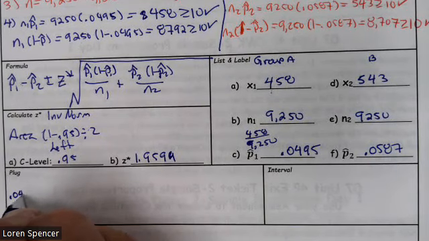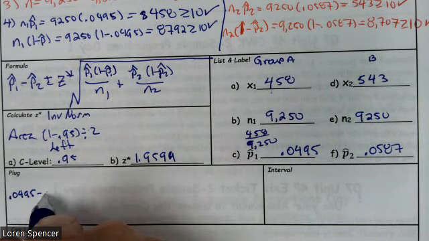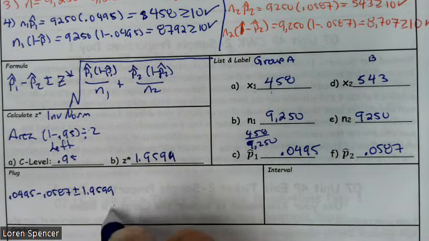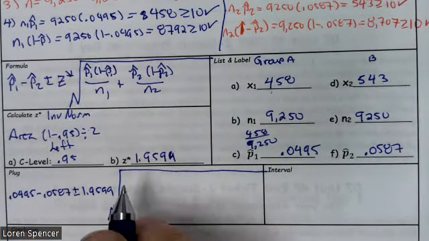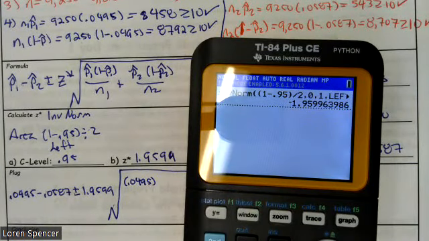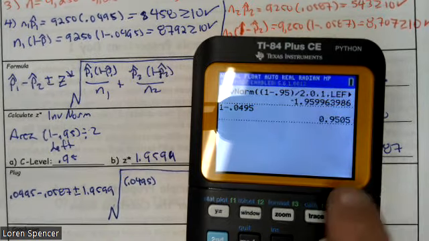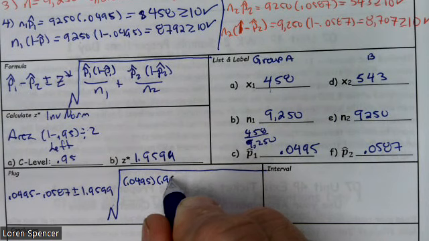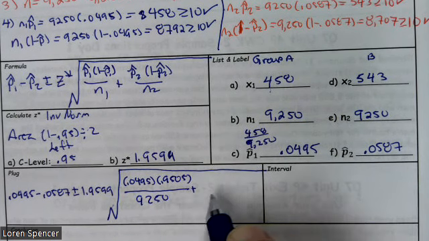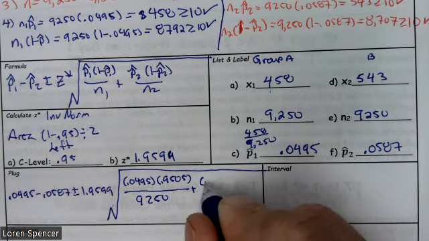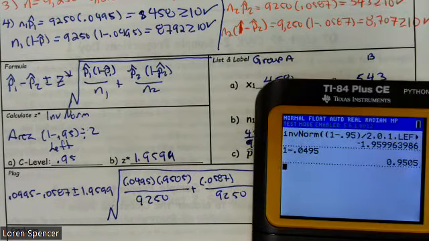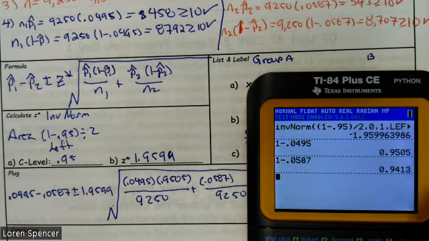This is 0.0495 minus 0.0587 plus or minus 1.9599 times the square root of p hat 1, 0.0495, times 1 minus that, which is 0.9505, over my sample size of 9,250, plus 0.0587 times 0.9413, also over 9,250. They have the same sample sizes.